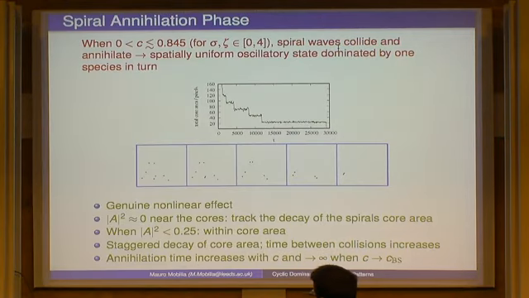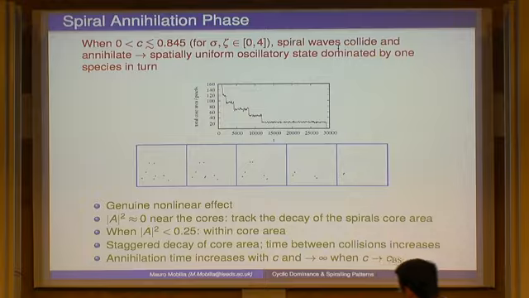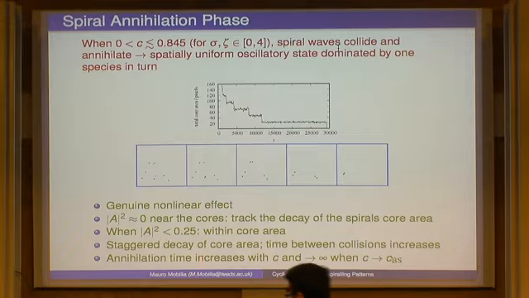Right, so there is also a spiral annihilation phase, as I told you, and to characterize the spiral annihilation phase, what we have done is to track what we call the core area. So basically, we counted the number of pixels corresponding to the modulus of A squared, or the modulus of A, being less than some number. So here, 0.25.